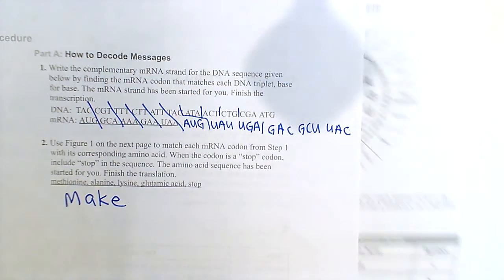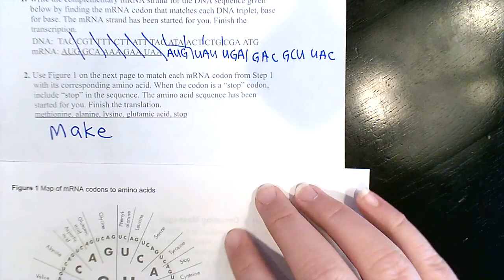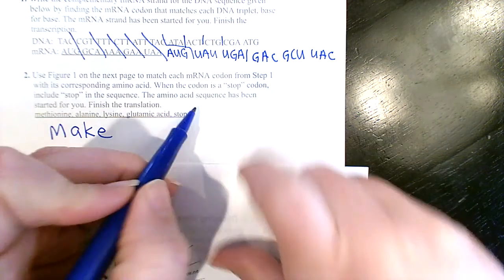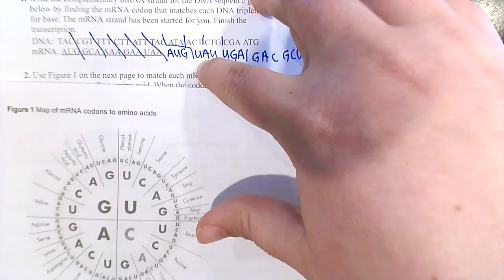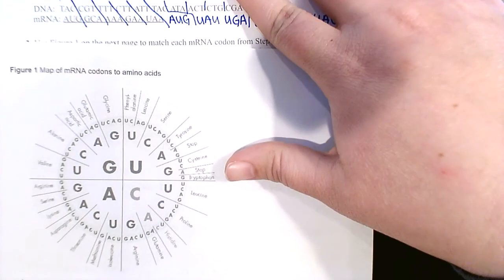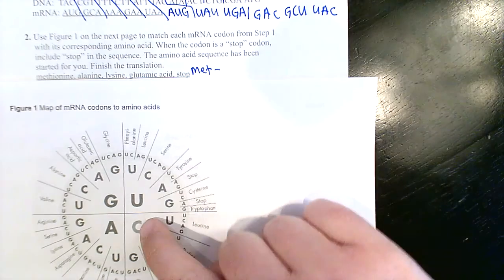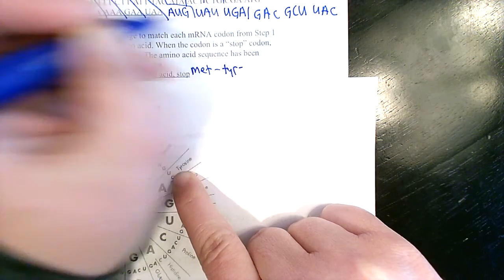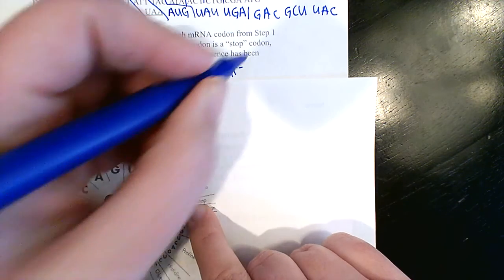Let's see what those would come out to. AUG is methionine again. UAU, yes, UAU is tyrosine. And UGA is stop.